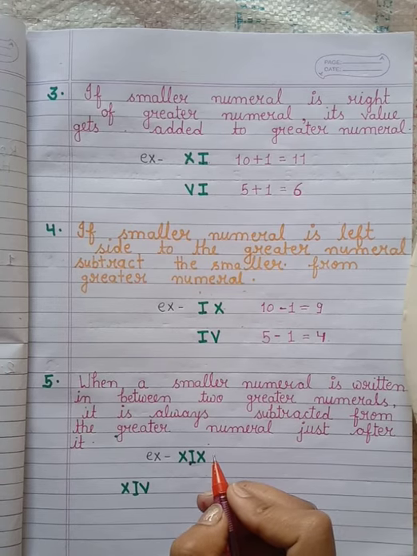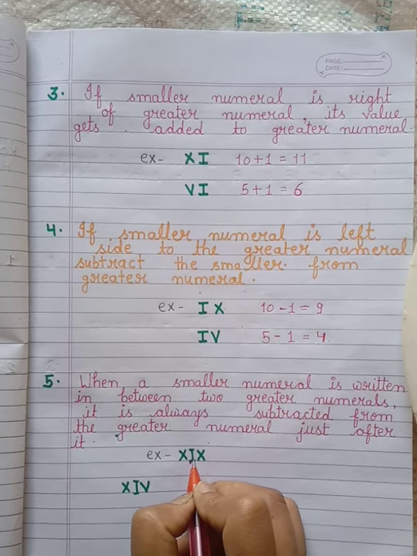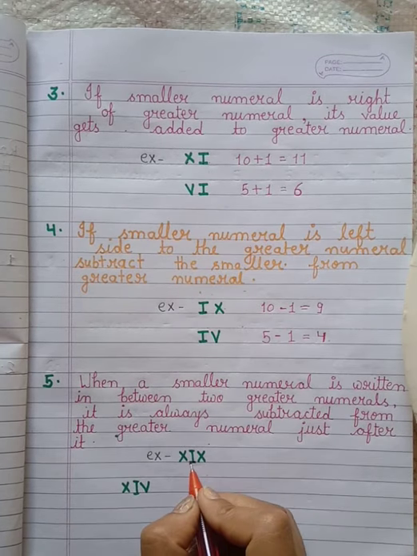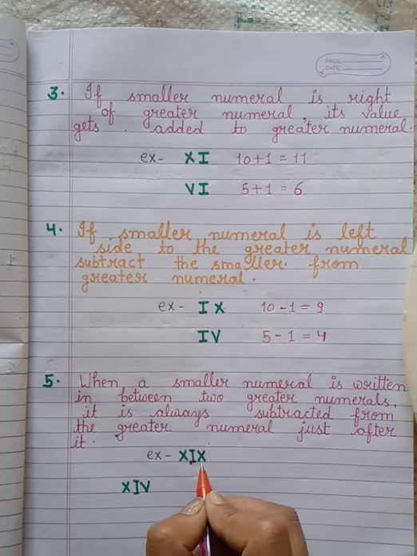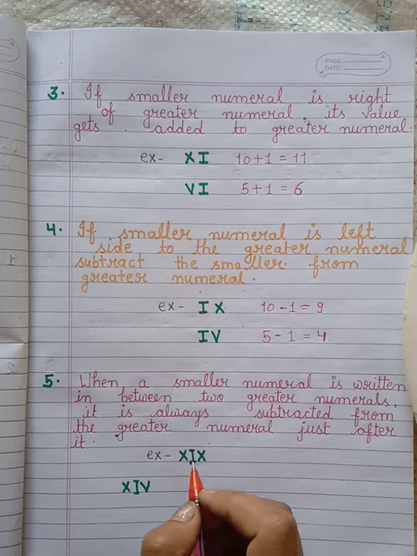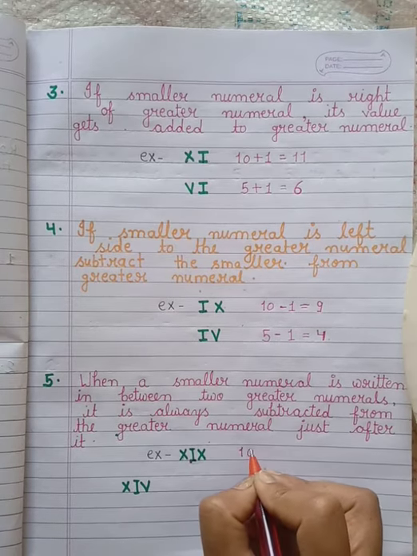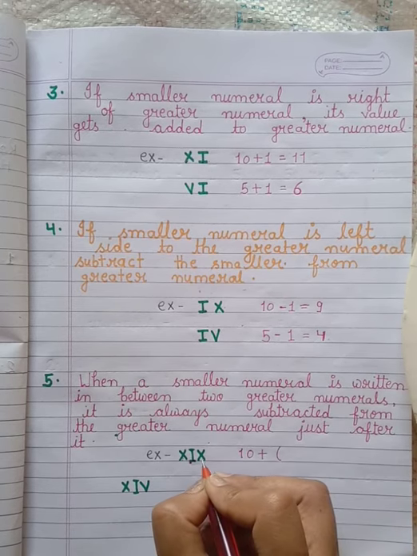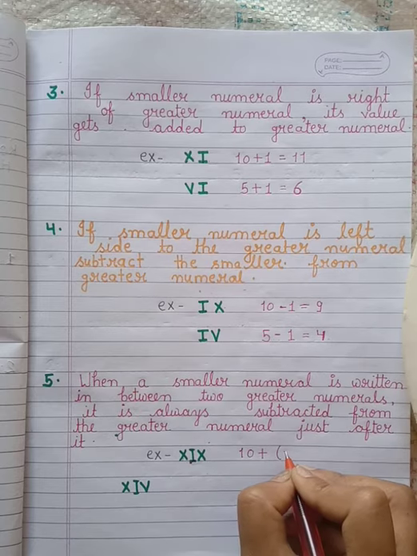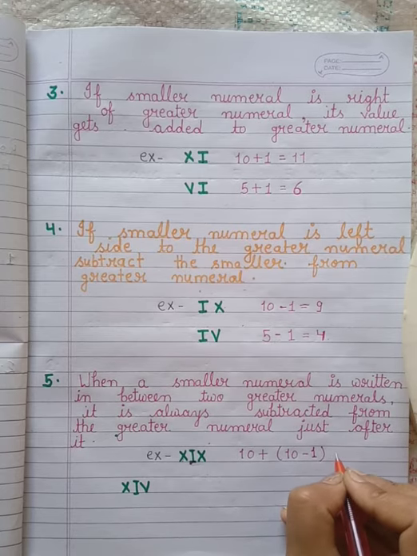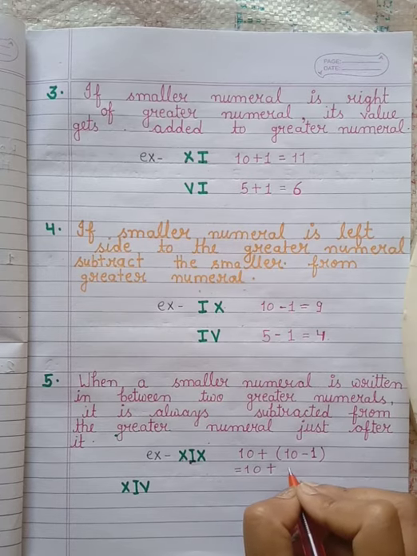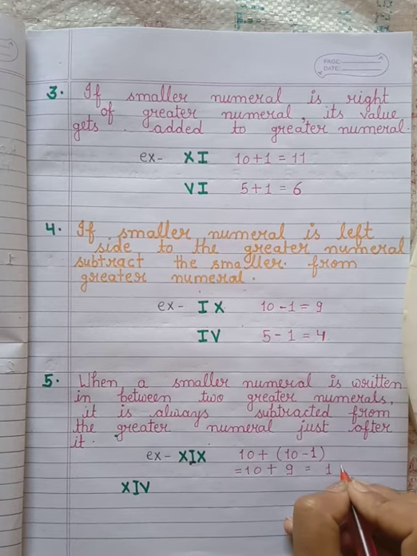In this case, we always subtract the smaller numeral from the greater numeral on its right side. So X means 10 plus, now we subtract: the value of X is 10 minus I, which is 1, so 10 plus 9 is equal to 19.